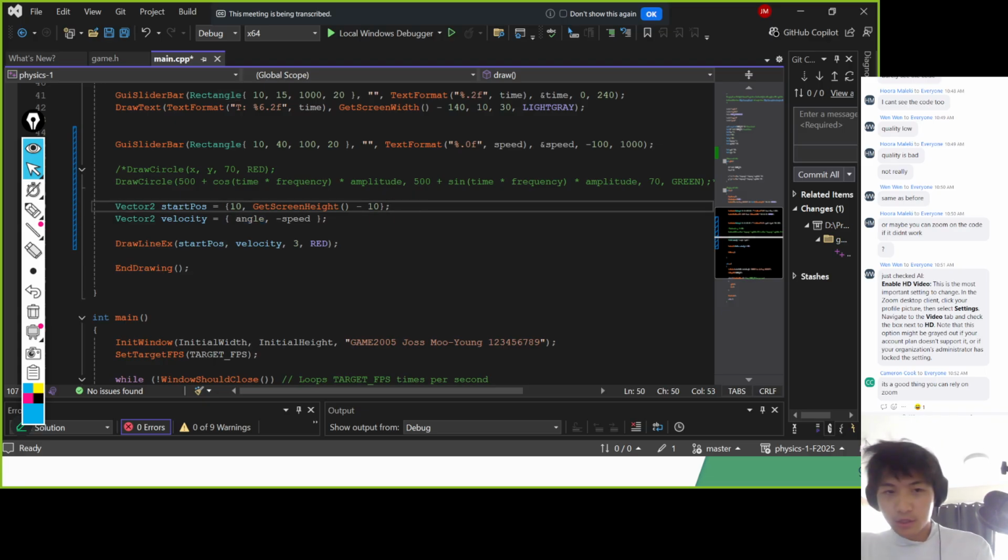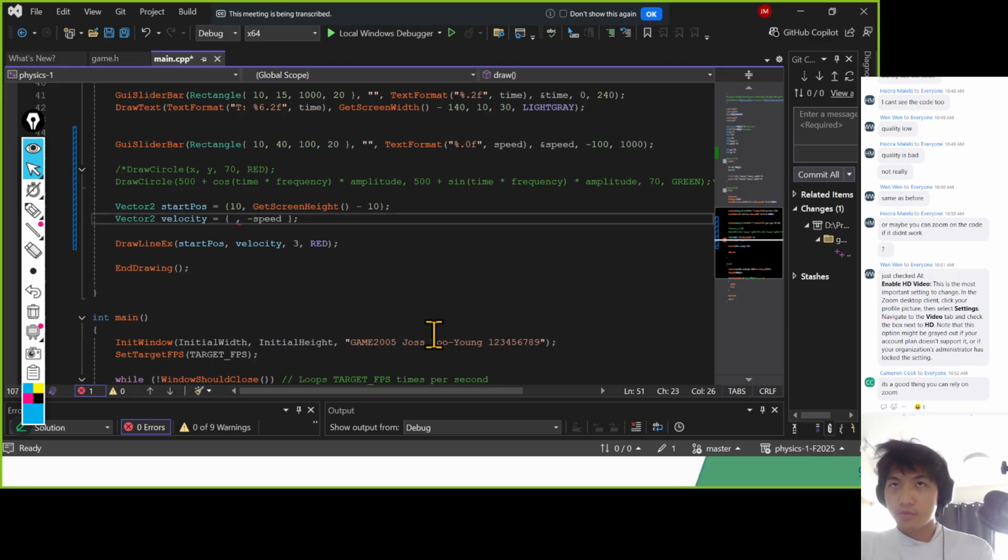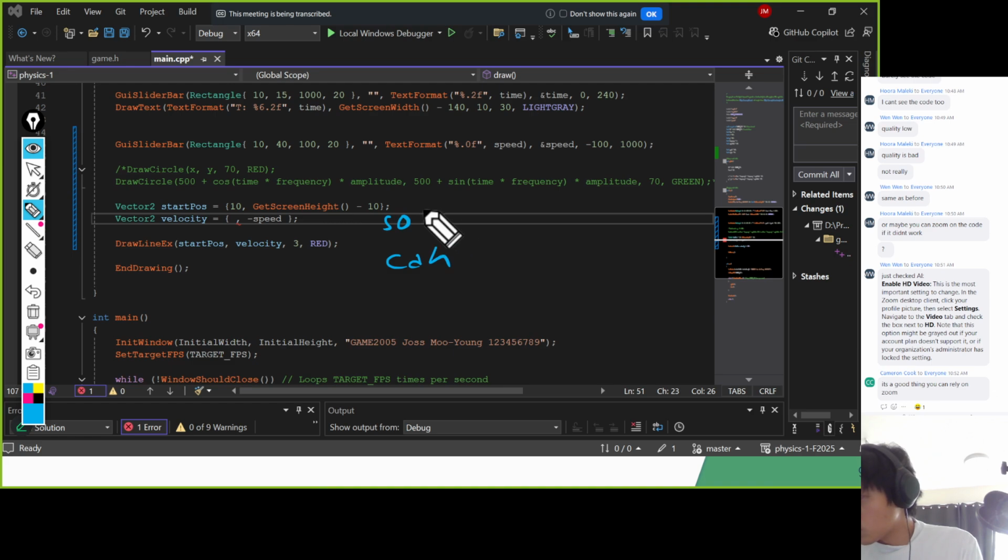Okay, so let's try and apply that thing we learned with sine and cos. So what did we use for x? When we have this triangle, y is opposite and x is adjacent.